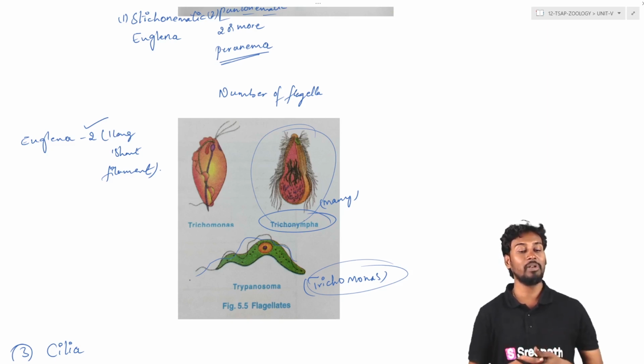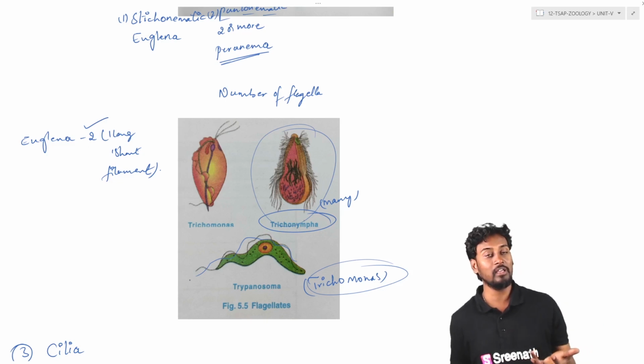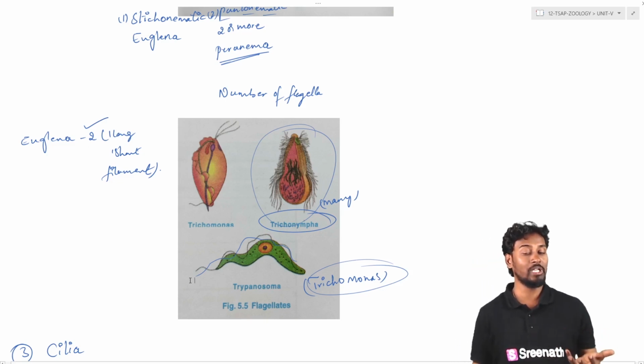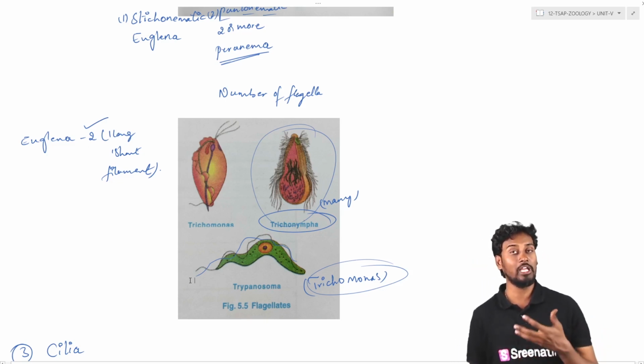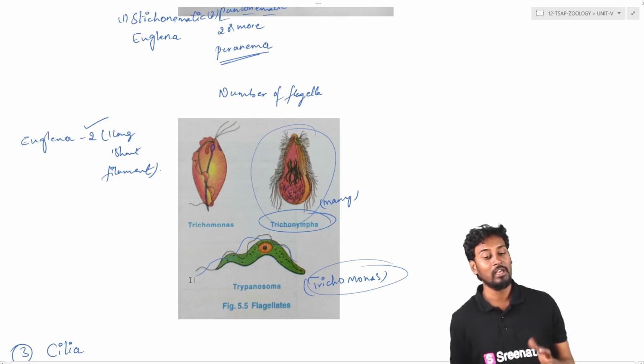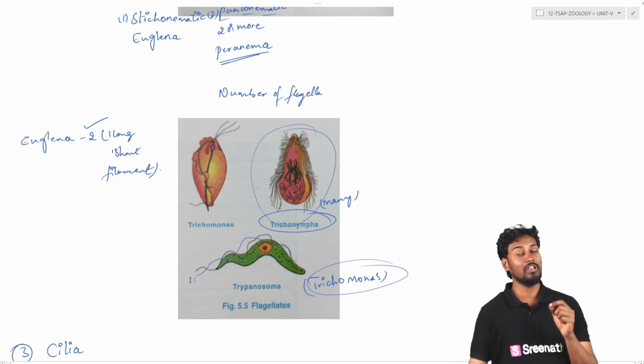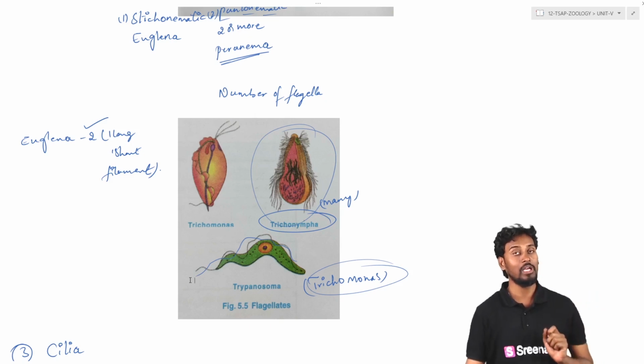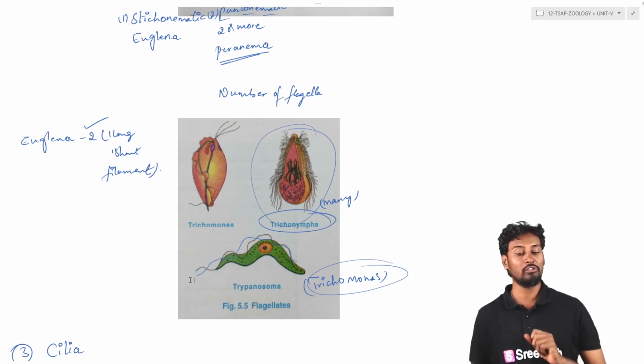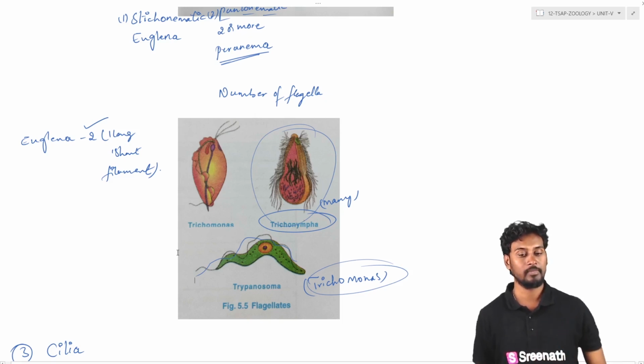For example, Euglena consists of two in number. Trichonema consists of many filaments, whereas in Trichomonas a single long slender filament arises from the rear part of the body. This is generally observed in Trypanosoma or Trichomonas.